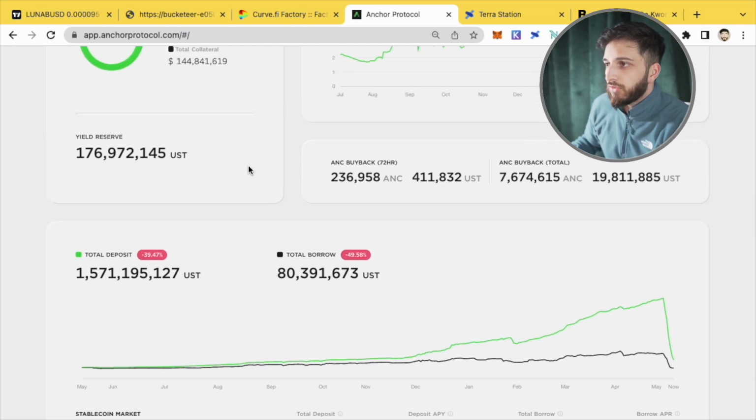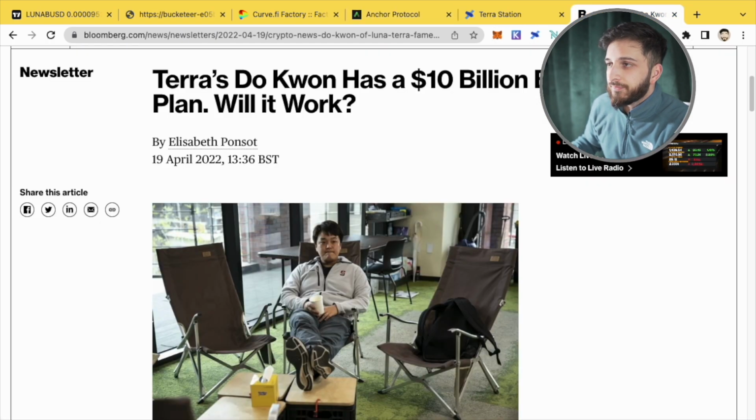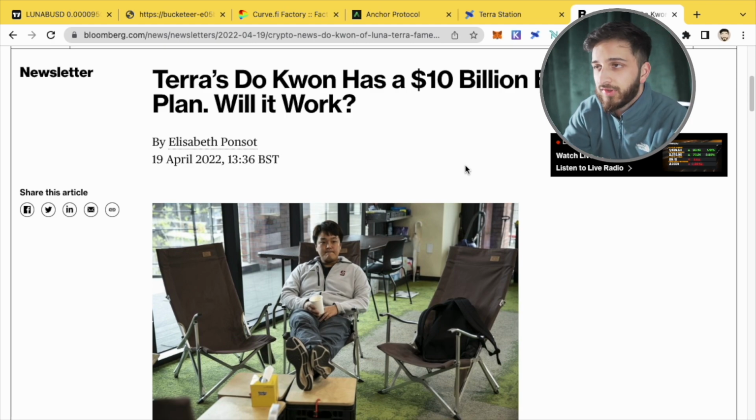Now, a lot of you will also be asking what happened with this plan. Do Kwon, who is the CEO of Terraform Labs, had a plan to buy a lot of Bitcoin, and they did actually buy a lot of Bitcoin. They bought billions of dollars worth of Bitcoin, and that Bitcoin was meant to be a reserve for whenever UST lost its peg, and it was meant to be deployed basically in situations like this.